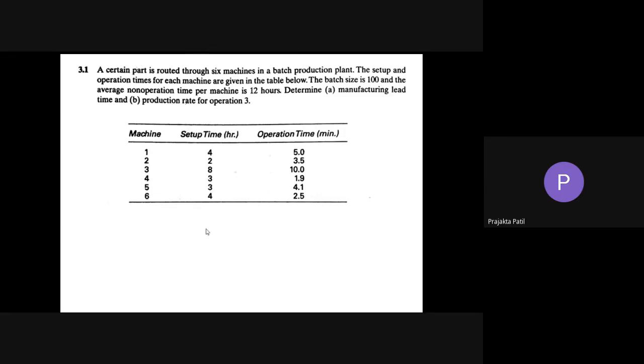This is the problem statement, and you have to determine manufacturing lead time and the production rate for operation 3. So before we proceed, just write down what is the given data, what are the things that you can understand from this given problem statement. What is given, you just note it down first.